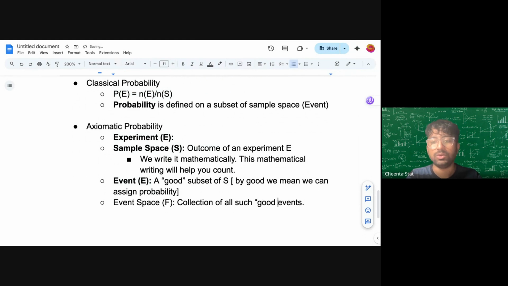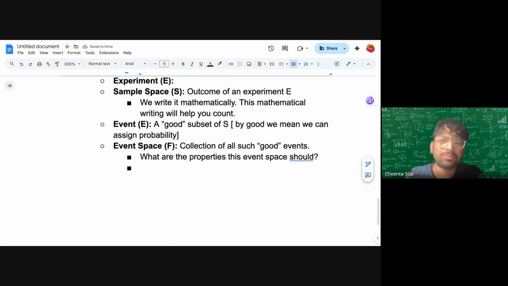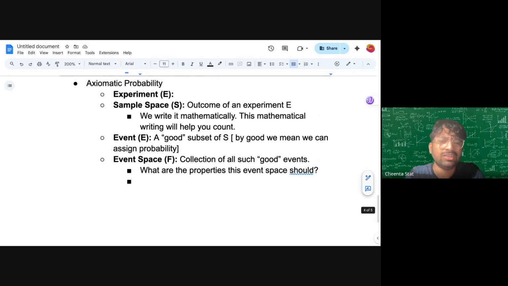Okay. Now what are the properties this event space should have? That's a very important question. The properties that the event space should have are similar to the properties that we think of generally.